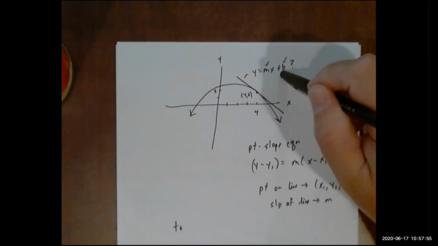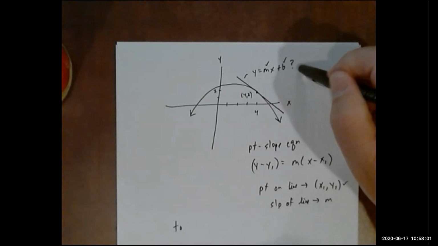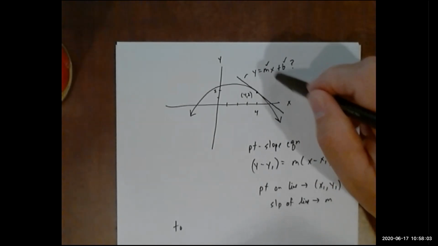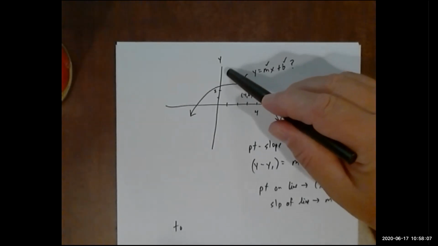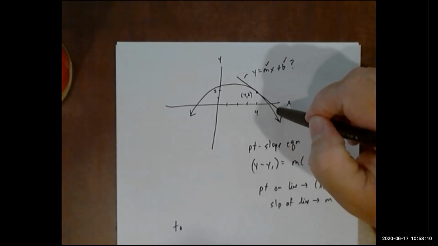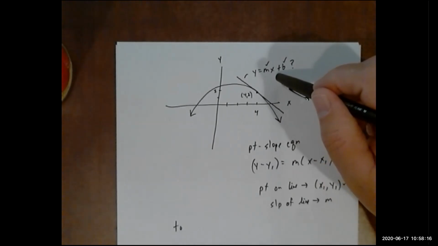Now, normally when we try to determine the equation of a straight line, we use the slope-intercept equation. But for this kind of problem, the slope-intercept equation is not the best way to solve it.